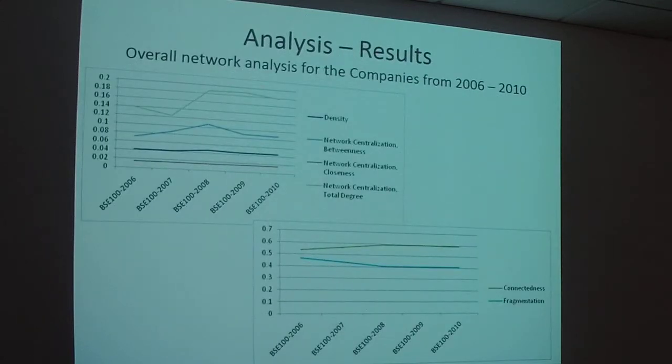So, looking at overall metrics across the years, the density goes up only slightly, but the network centralization goes up quite a bit. We saw that in the picture. And then the connectedness, of course, goes up and the fragmentation goes down over time.